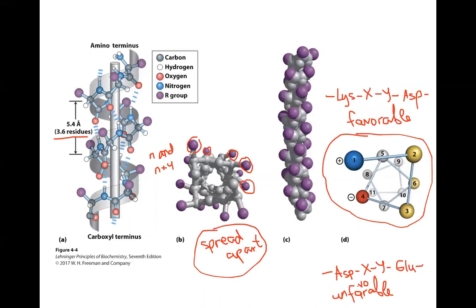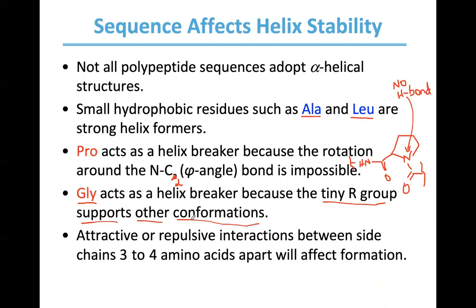Now if you have a whole bunch of glycines instead of amino acids with large R groups, there's no gain in energy, right? There's nothing to spread apart. And so a glycine-rich segment may adopt some other conformation because there's no benefit in having the alpha helix.